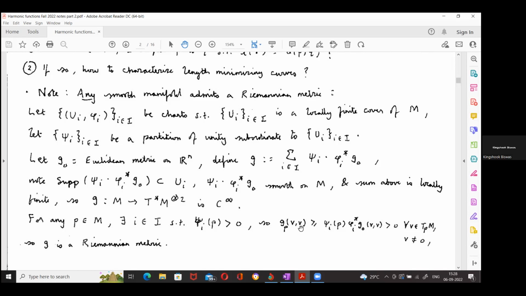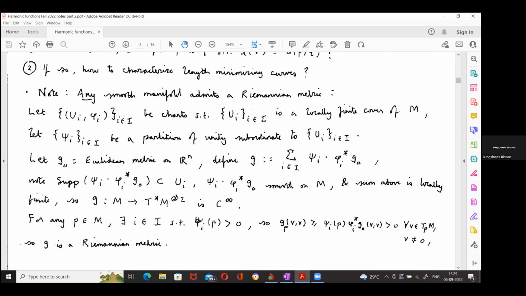So G_P of V comma V will be greater than or equal to just this single term, psi I of P times phi I star G naught of V comma V. And this is positive because psi I of P is positive. Is this clear? Yes. All right. So this G will be positive definite at all points, so this will be a Riemannian metric.